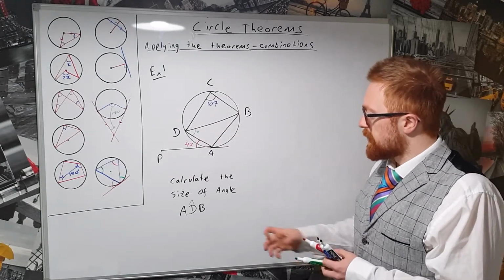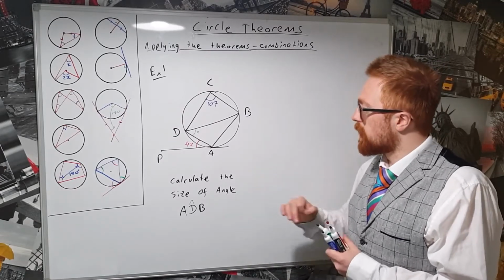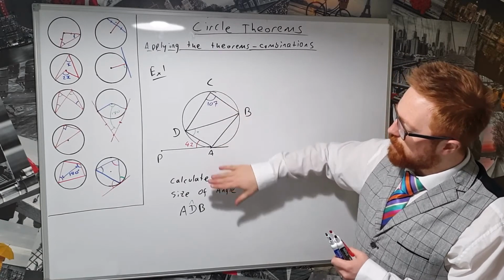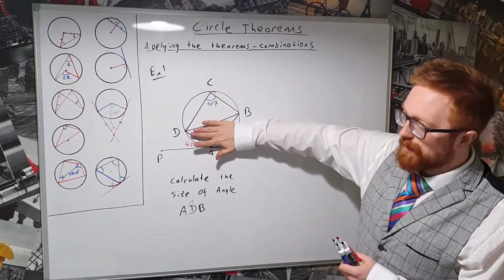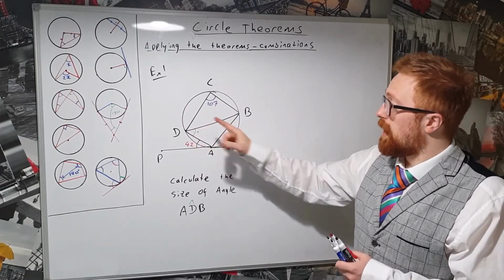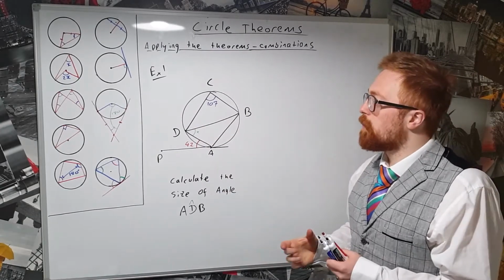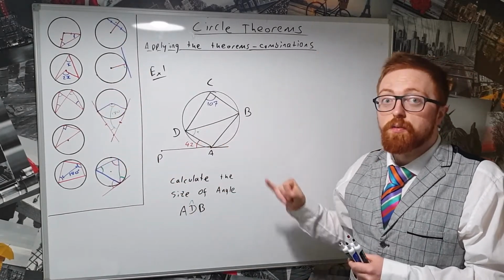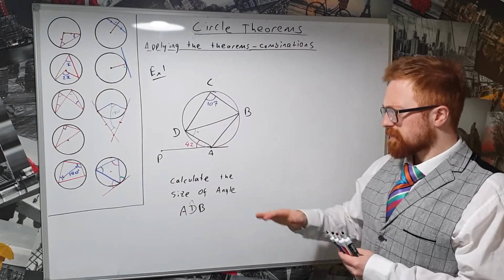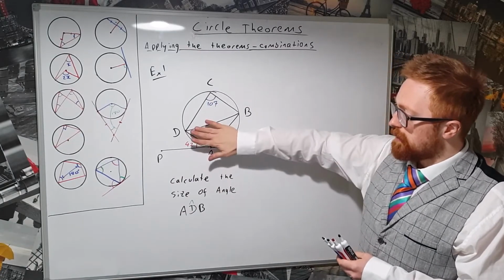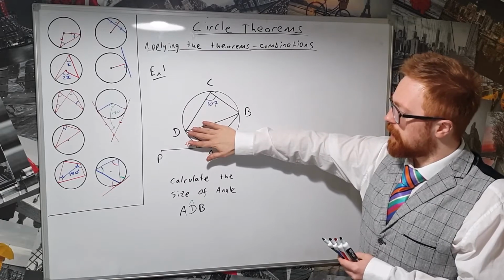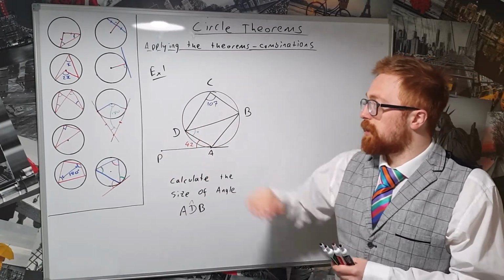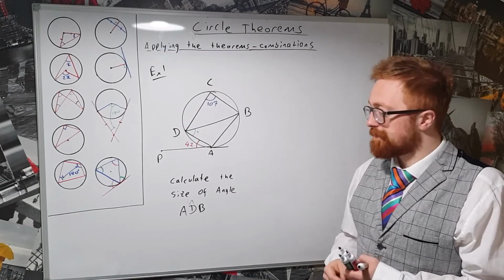Okay, so now we know what we're after, we need to start chipping away at our problem. I've said this before, often with a more complicated problem, it's easier to forget about what we're aiming for and just think about, well, what can we work out? What information do we know is going to allow us to get somewhere with this problem? So forget about the X for now, and think about what circle theorems we can apply.